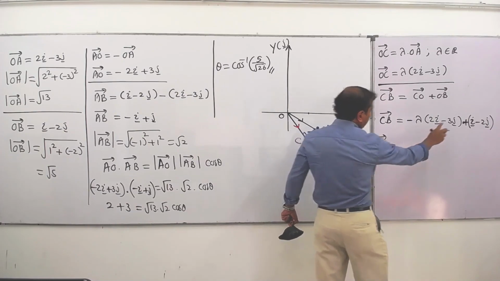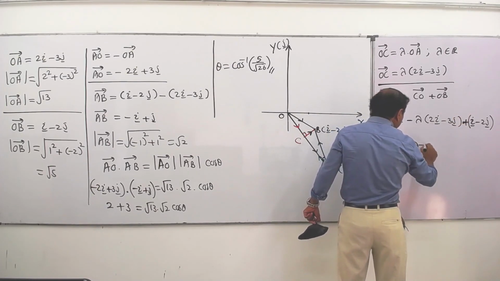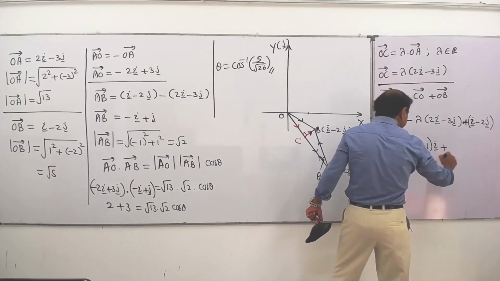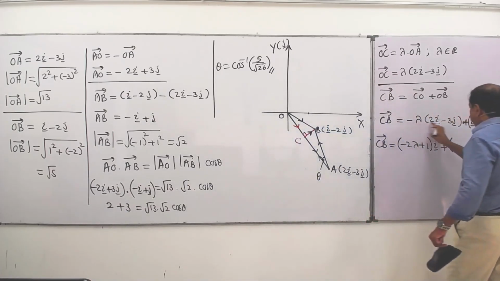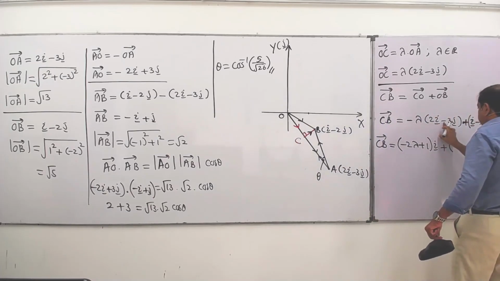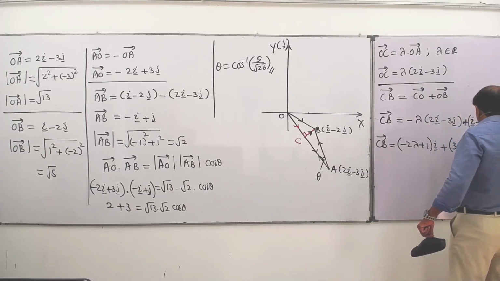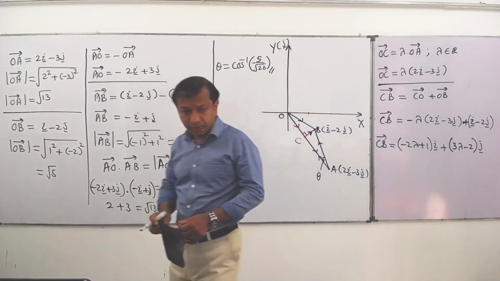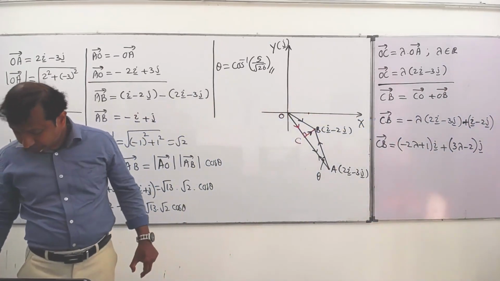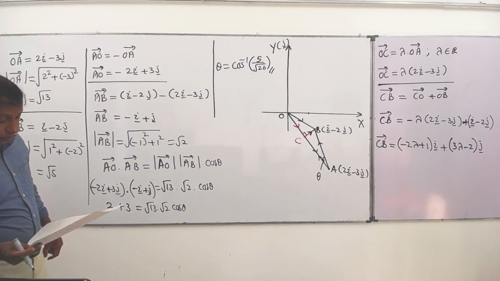Take the i coefficients together: here we get minus 2 lambda plus 1, taking i out. The j coefficients: plus 3 lambda minus 2, j. This way we get minus 2 lambda plus 1, and 3 lambda minus 2.